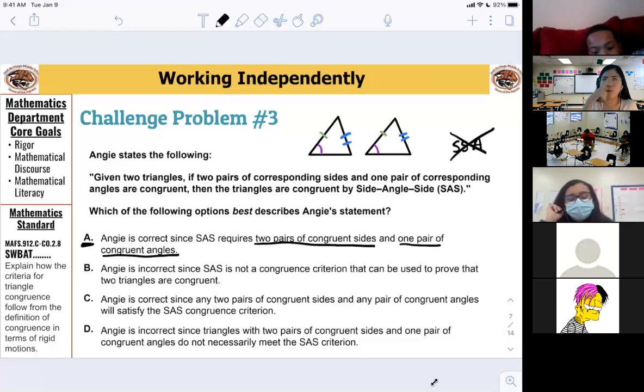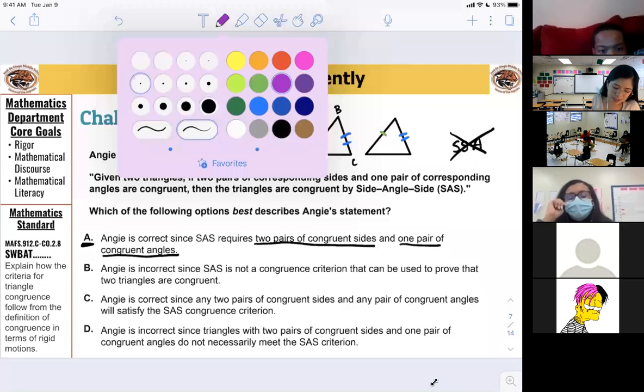So what's the key word that you always need to have when you're talking about SAS? They have to be in the right order. It has to be in the right order. So which angle has to be the same? B. B is the only one that will make this work out. So what's the name of that angle?